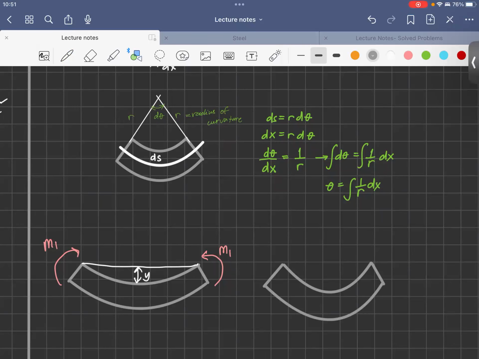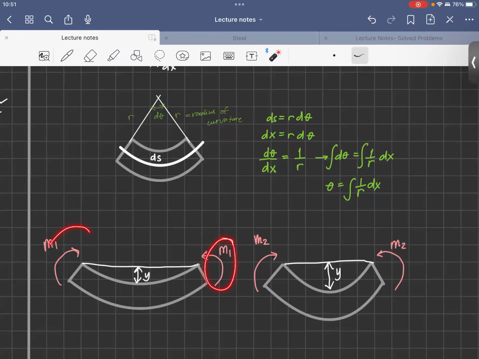The bigger the moment, the bigger the bend is. Let's say, M2 naman to. So, ito naman Y. So, as you can see, di ba, the bigger the value of the moment, the bigger the deflection is.